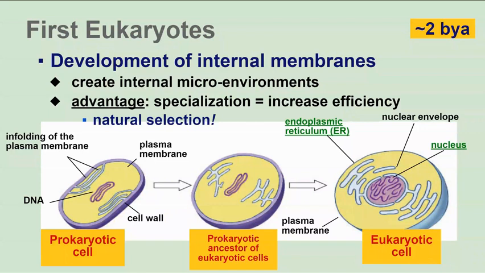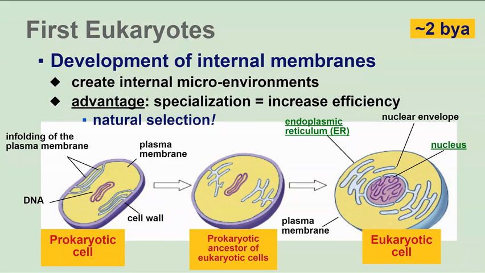So the first thing that happened in the development of eukaryotes is the development of internal membranes. Ancestral cells still had that cell membrane on the outside, but then at some point, some of these first or proto-eukaryotes started to develop membranes on the inside that helped them create these internal microenvironments where they could have some specialization happening inside the cell that helped increase their efficiency.